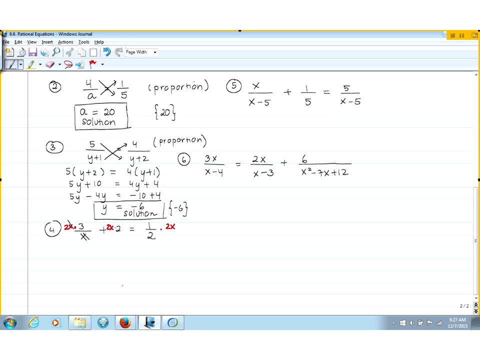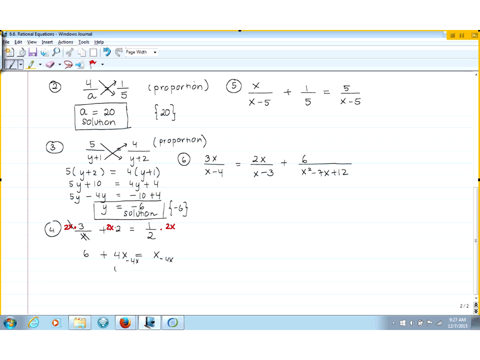Okay, so now the x cancels here. What am I left with? 6 plus 2x times 2, that is 4x. Now the 2 cancels, so I will still have x. Then what?